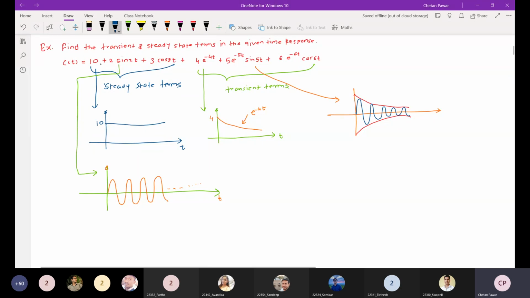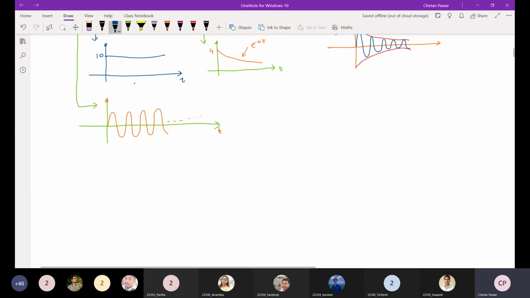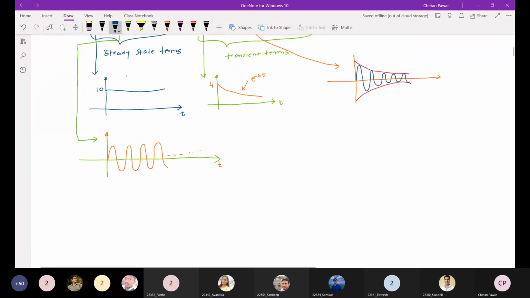What is the Laplace transform of 10? 10 u of t. What is the Laplace transform of 10 u of t? Anyone?